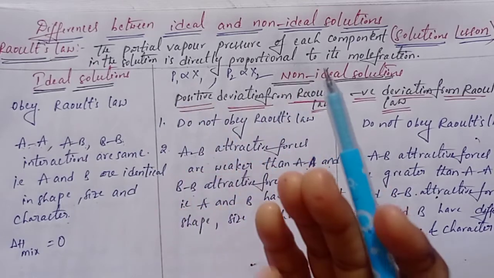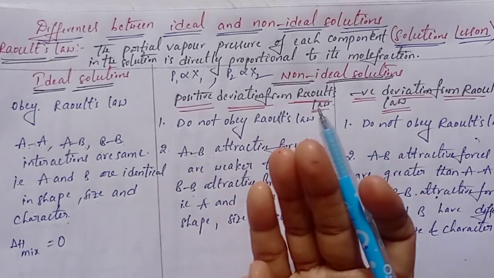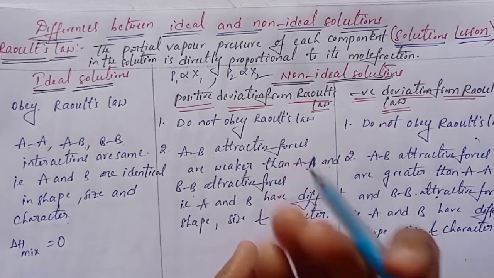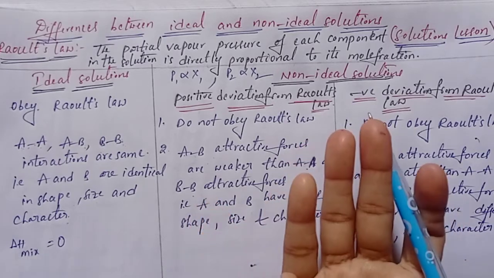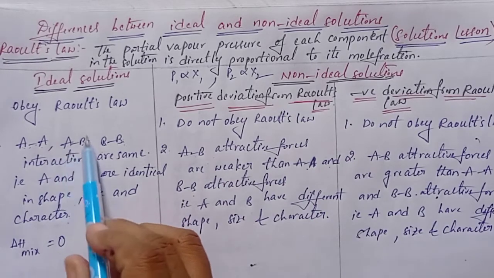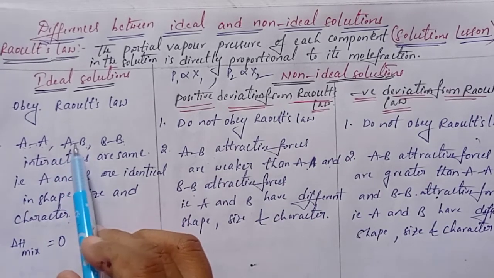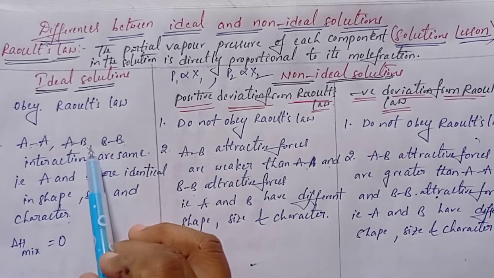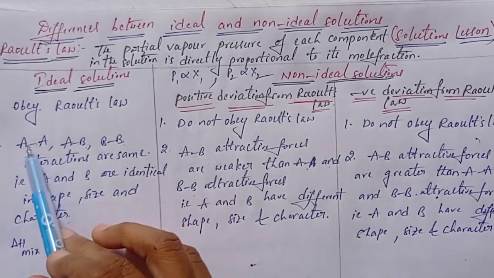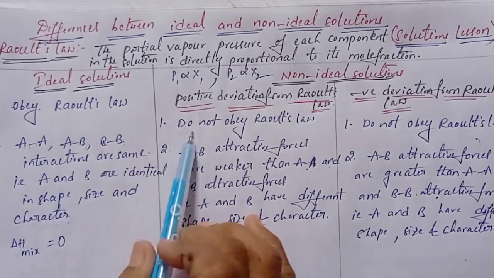So during the breaking of bonds, students, or during the breaking of attractive forces, we have to supply some energy, students. Some energy is required, correct? And here AB component is there. See here between the solute and solvent, that means two different components, attractive forces here also, all the attractive forces are the same, correct?